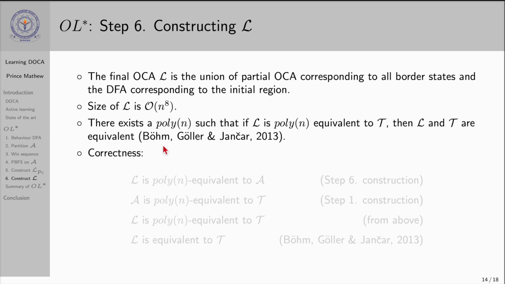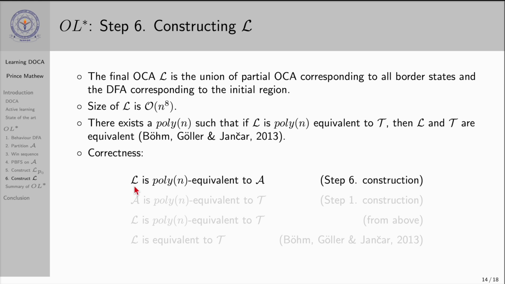Okay. Now we show that the constructed OCA L is indeed equivalent to the teacher's OCA. So the poly n behavioral DFA that we initially constructed, the poly n is actually the poly n that comes from the equivalence result.